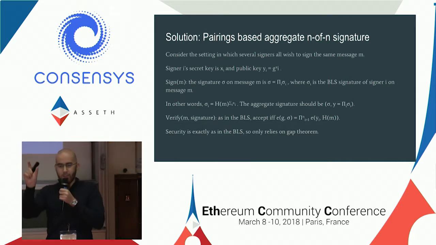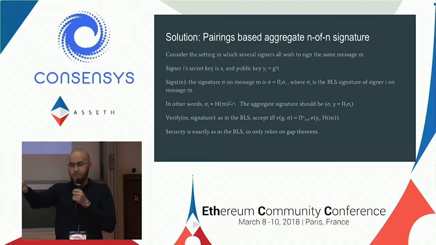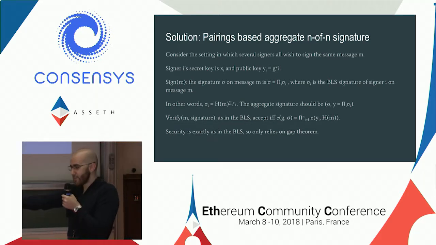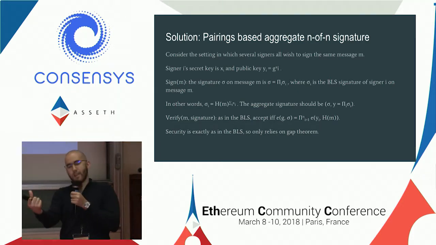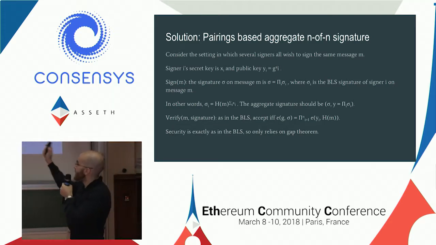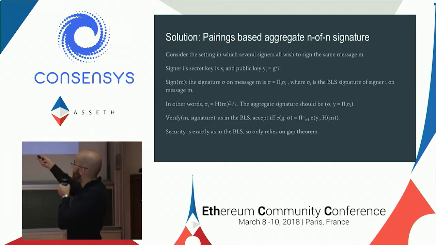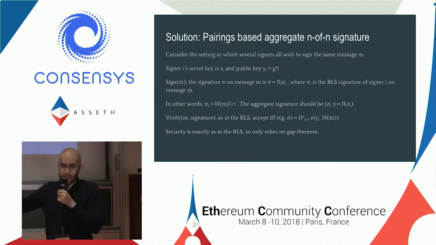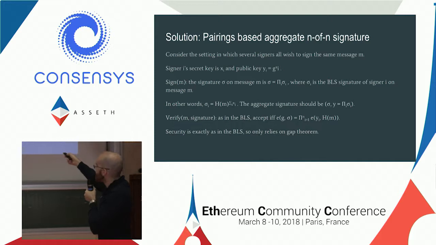If I take a signature on the mainnet for some Ethereum transaction and another signature from the mainnet, I can't multiply those together. You just can't do that on normal elliptic curves. But because we're on a bilinear pairing curve, we can do that. So the final signature, the n of n signature, is simply the signature from each participant multiplied together.